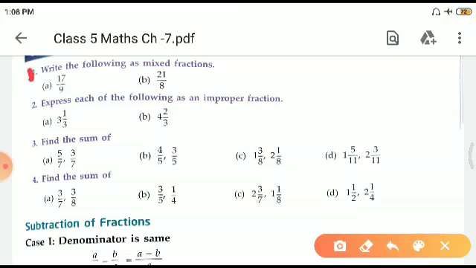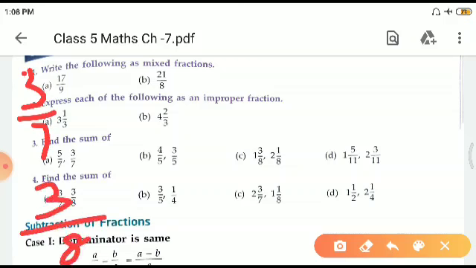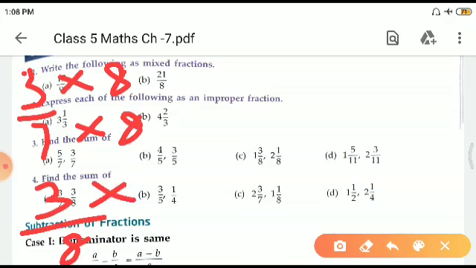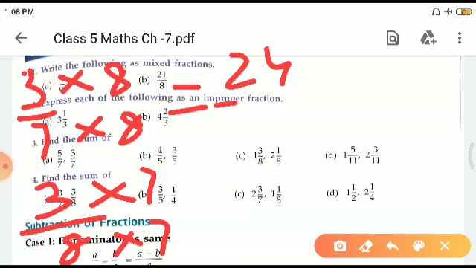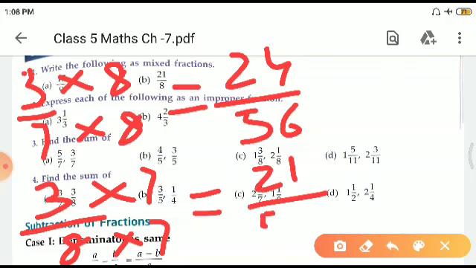Now 3 upon 7, let me write here 3 upon 7 and then we write 3 upon 8, right? 7 sevens are 49, 7 eights are 56, right? So 56 will be the LCM. We need to convert the numerator and denominator into 56 for that, and now we get 8 threes are 24, 24 upon 56 here, and we get 21 upon 56 there.